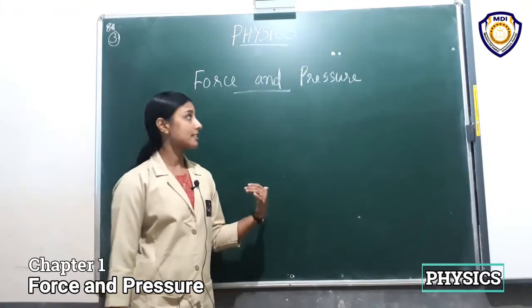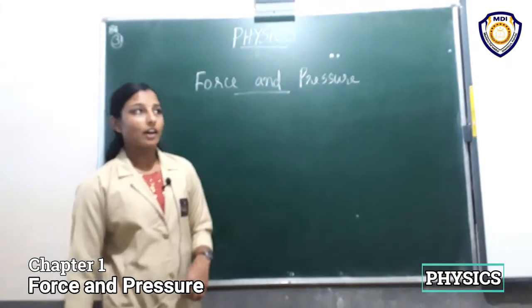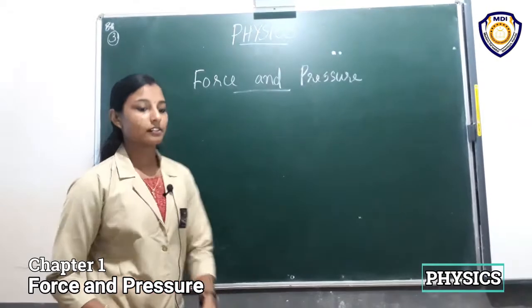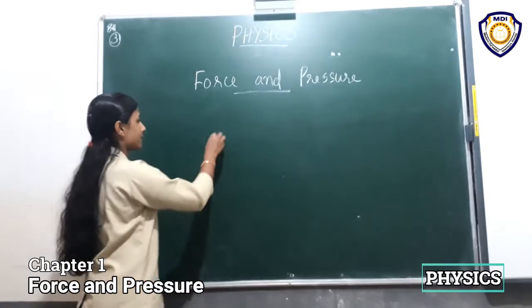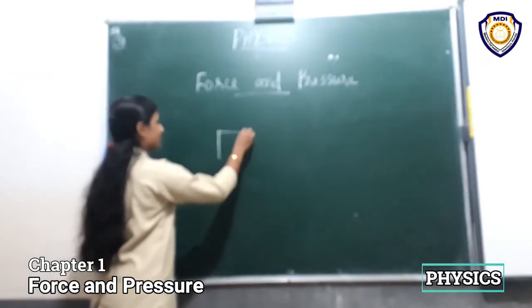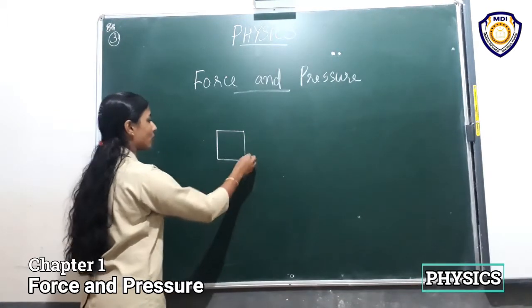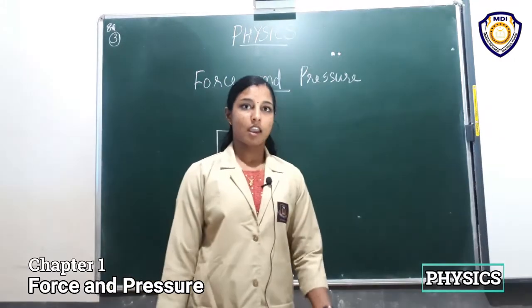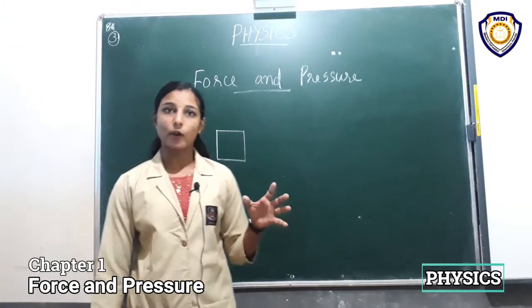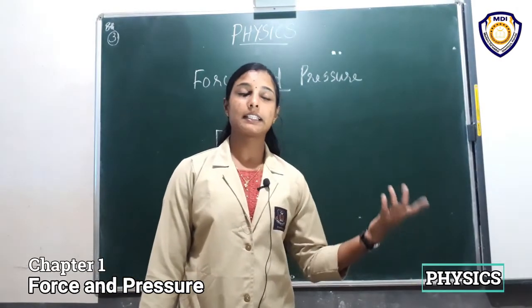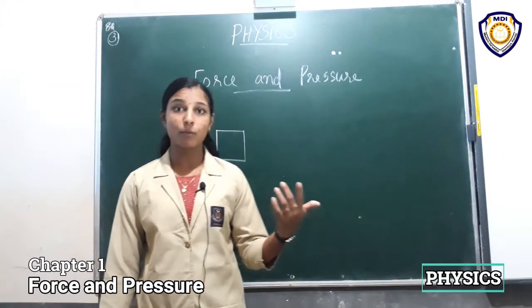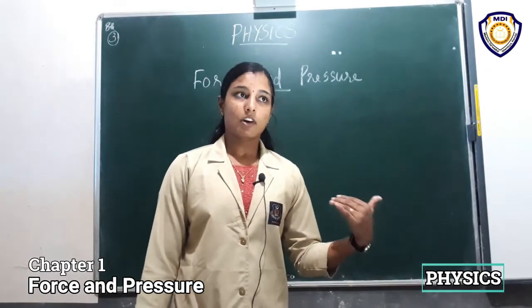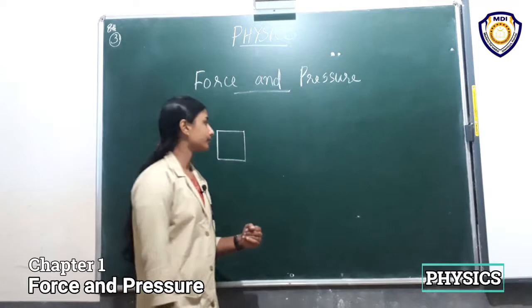What we discussed last class is force. So, what do we mean by force? A push or pull on an object that may cause a change in its state of motion. We call it force, right?